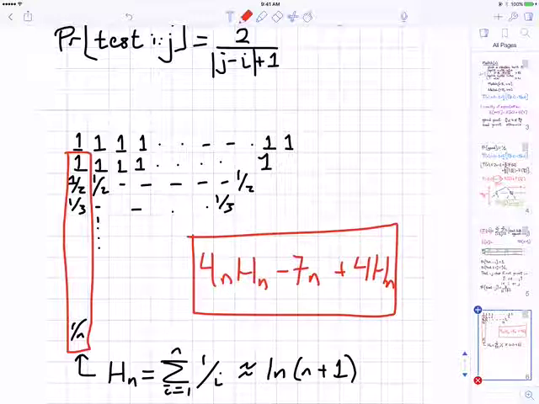This much algebra. Or you can ask Wolfram. Okay. So what you end up with is 4n times the natural log of n. That turns out to be about 5n times log base 2 of n, which is normally what we think of when we're talking about algorithms.